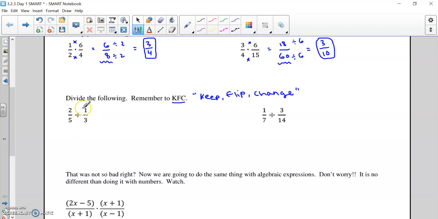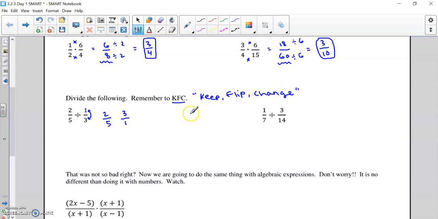So if I have my example right here, 2/5 divided by 1/3, the keep means that I'm going to keep the first fraction exactly as it is, so rewrite it. And then flip means that I have to flip my second fraction. So instead of 1/3, I'm going to write 3/1. Right?